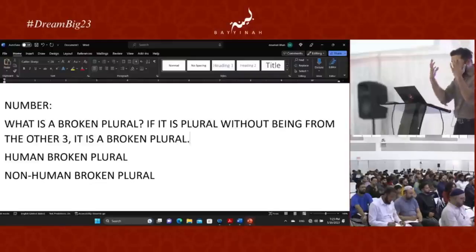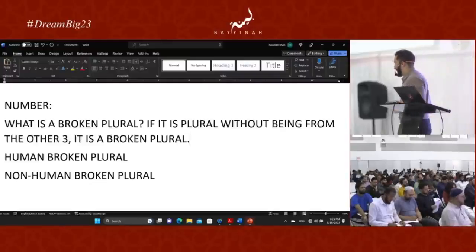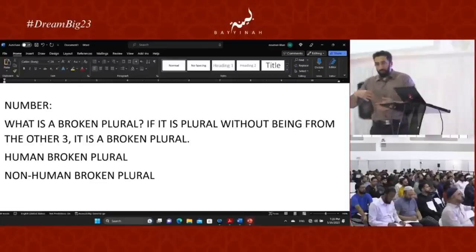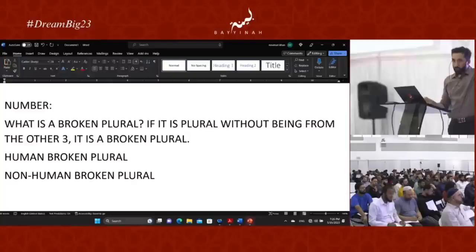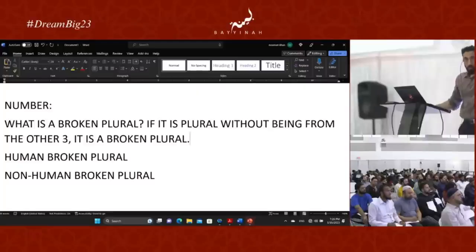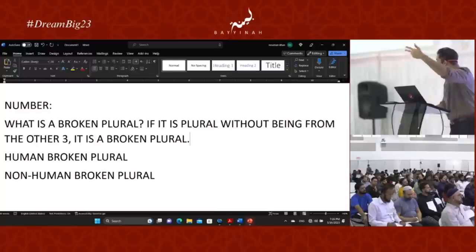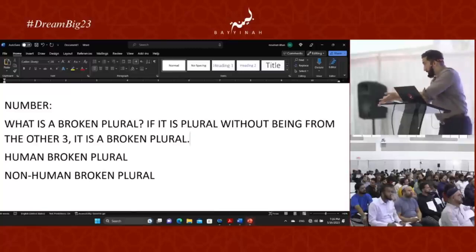What do I mean, the other three? It's not una, ina. That's one. It's not atun, atin. That's two. It's not what else? It's not nas, qawm, and qarn, but it's still plural.